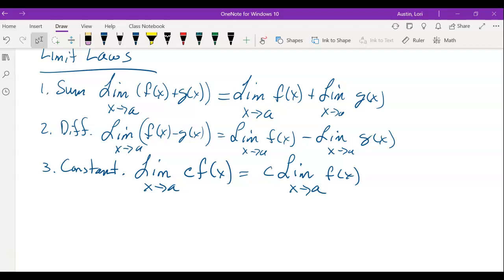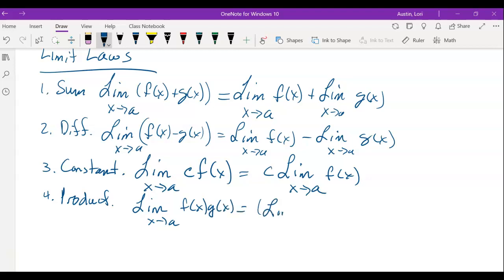The product, you can separate products with limits as well. So the limit as x approaches a of f of x times g of x, of two functions times each other, can just be the limit times the limit.